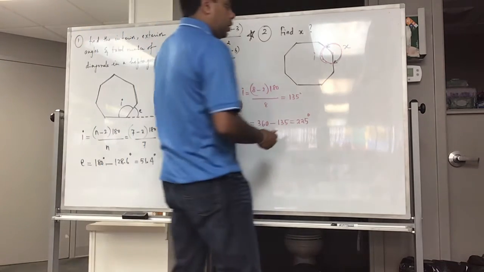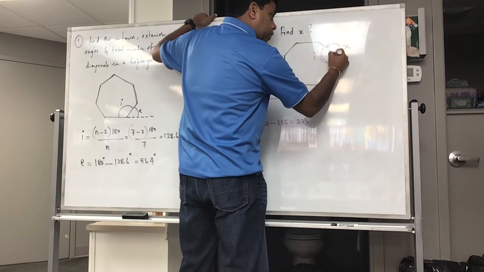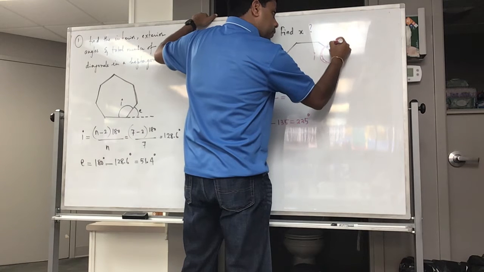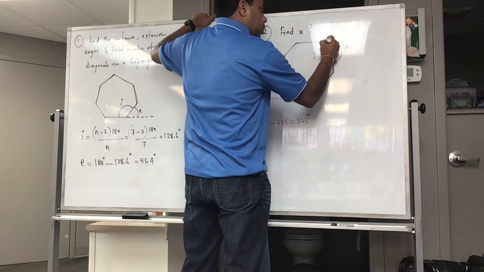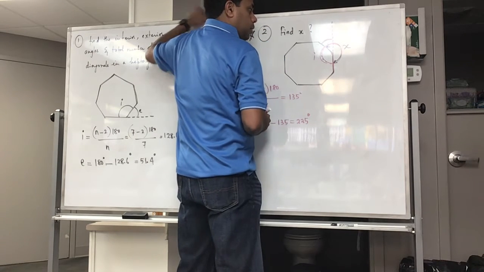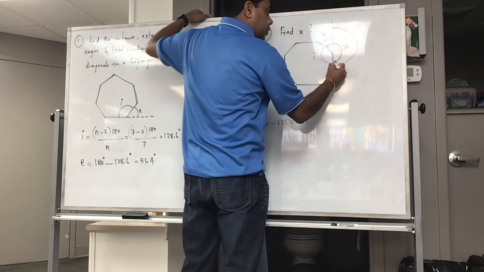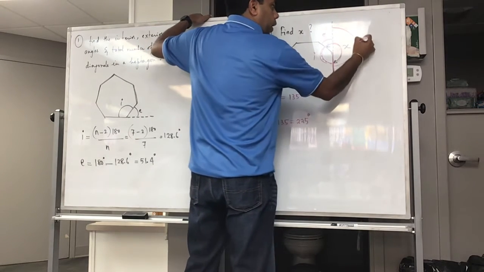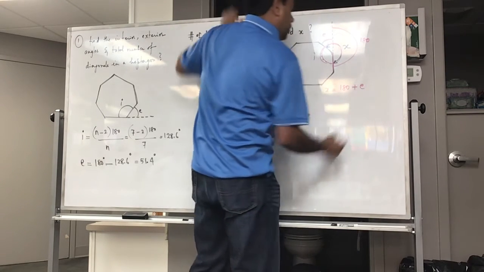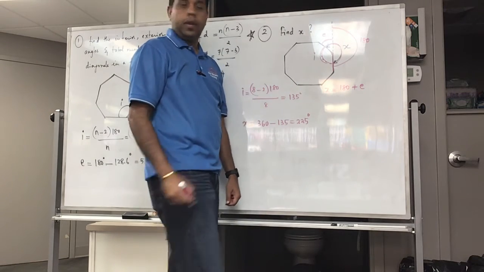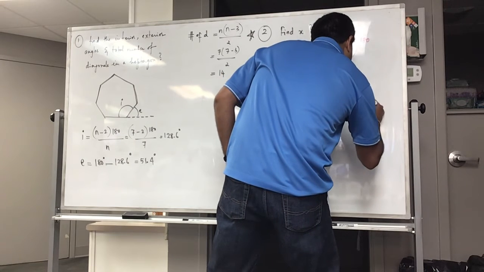Method 2 is, you got to listen to this. So this is the straight line here, and I'm going to extend this line. What is this angle called? Exterior angle. And what is this angle? Straight line. 180. So x should be equal to 180 plus the e. Am I right? So what's e? 360 degrees divided by number of sides, which is 8, which is 45 degrees.